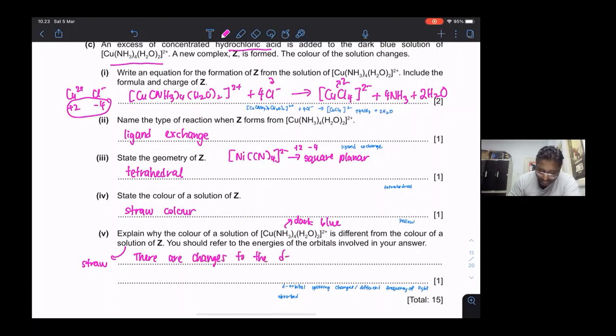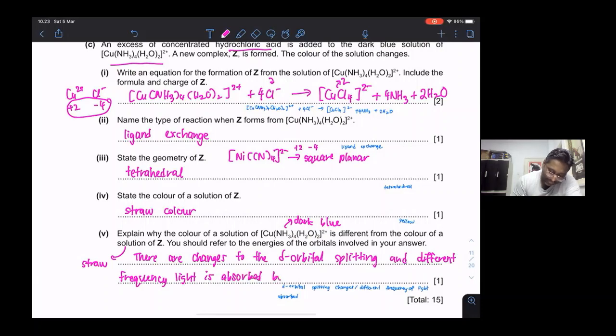You tell that there are changes to the d orbital splitting, and this will cause a different frequency of light to be absorbed. Absorbed by what?